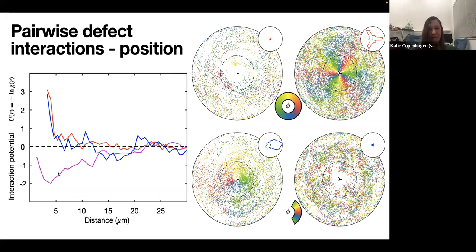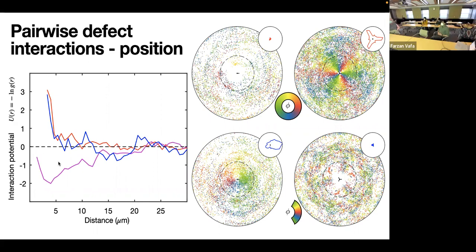So I'm not sure. I want to measure the speed of the positive defects as they're moving, depending on whether they're pointing towards or away from a negative defect, because this is a little bit confused by the fact that the positive defects are propelling themselves. This is not just the passive attraction, right? Yes, exactly.